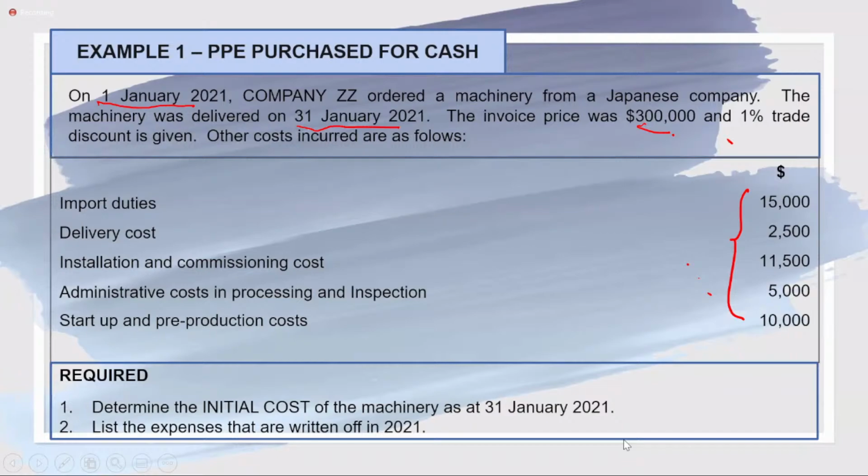Okay, kita tengok satu-satu di sini. Import duties patut dimasuk enggak dalam initial cost? Yes, ini masuk. Delivery cost patut masuk ke tidak? Masuk. Installation and commissioning cost?